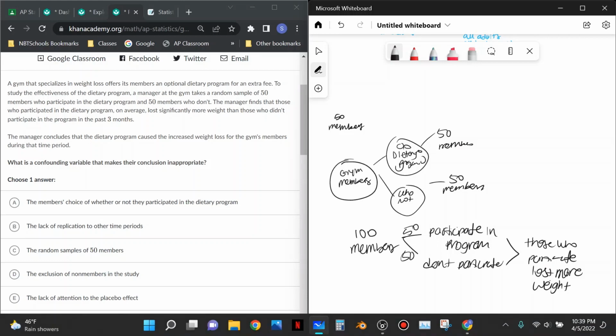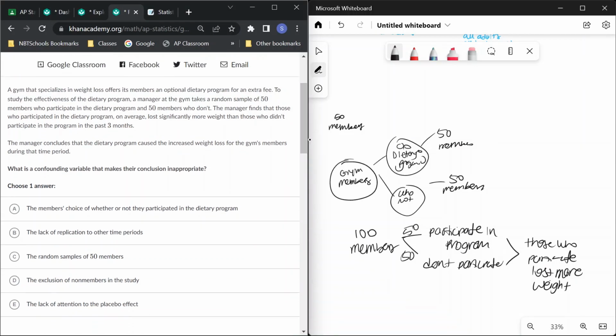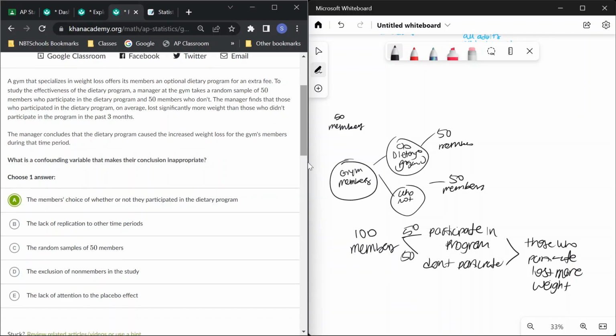Okay, the manager concludes that the dietary program caused increased weight loss for gym members during that time period. What is a confounding variable that makes their conclusion inappropriate? I don't know. The members' choice of whether or not they participate. Yeah, exactly. Well, no, it was randomly selected. But that doesn't make sense, though. I'm so confused.